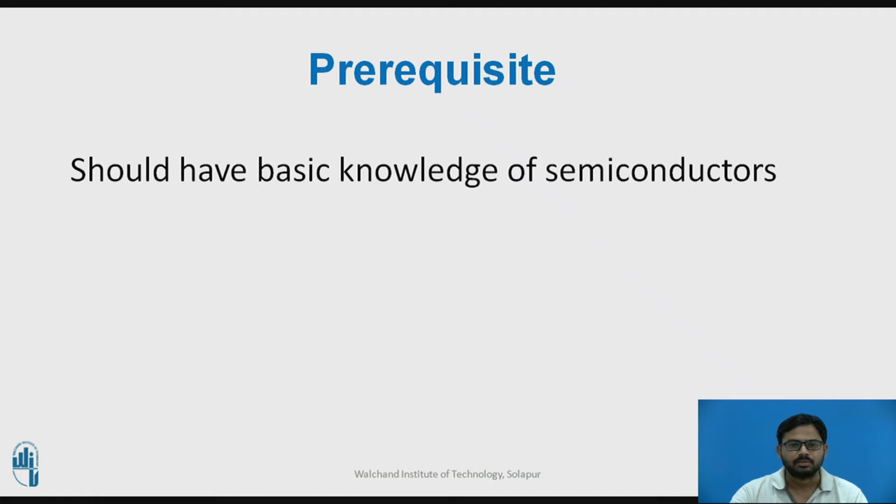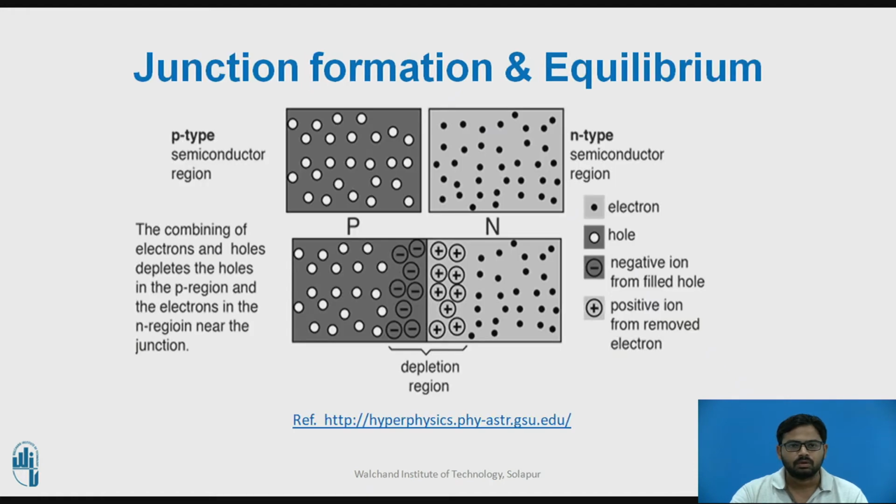What do we mean by semiconductors? First, junction formation and equilibrium. All of you are aware that a p-type semiconductor is formed when acceptor or trivalent impurities are added to pure intrinsic silicon or germanium.